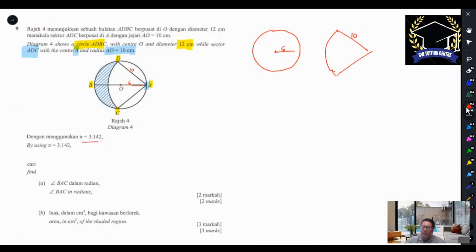Now, again, we are using pi 3.142. Find the angle BAC.